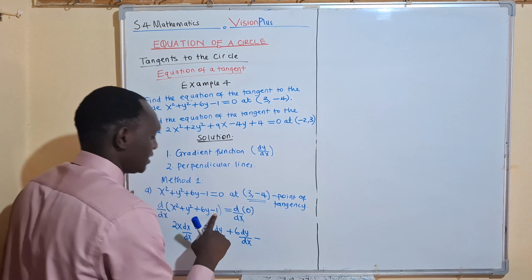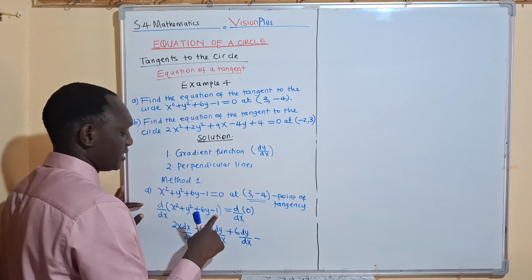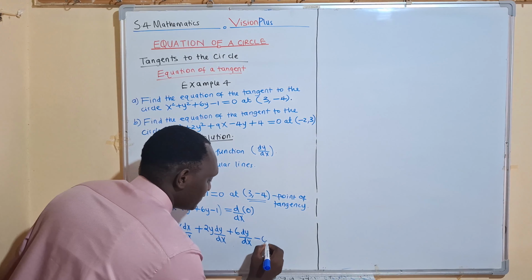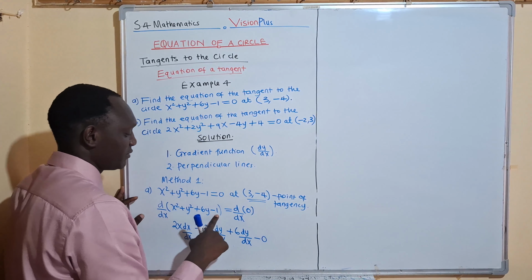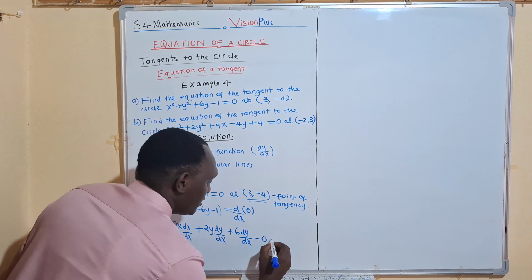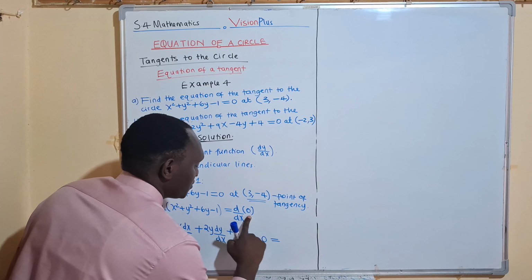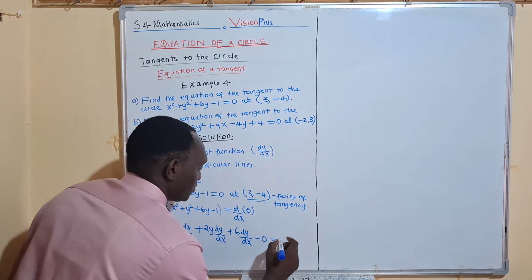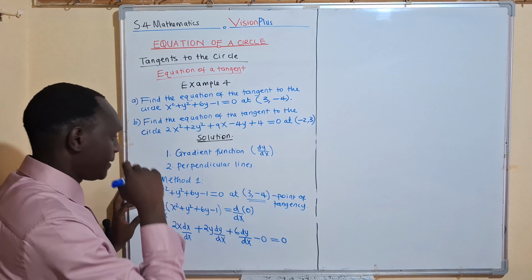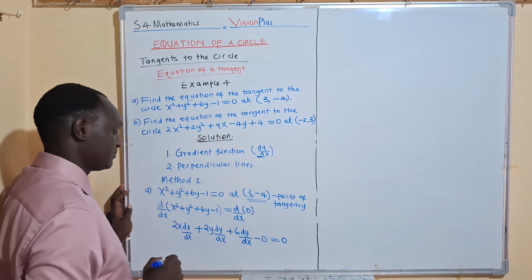If we differentiate a constant, it gives us 0, because any constant that we differentiate gives 0. So differentiating 1 gives 0, and differentiating 0 on the right hand side also gives 0. Now we need to find dy/dx.